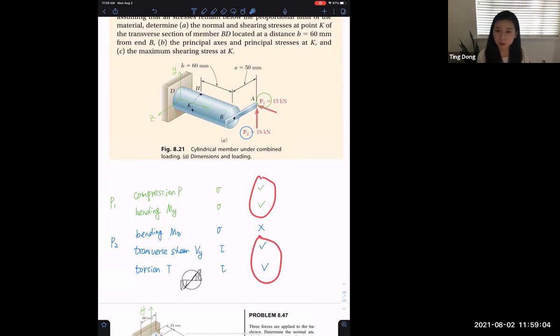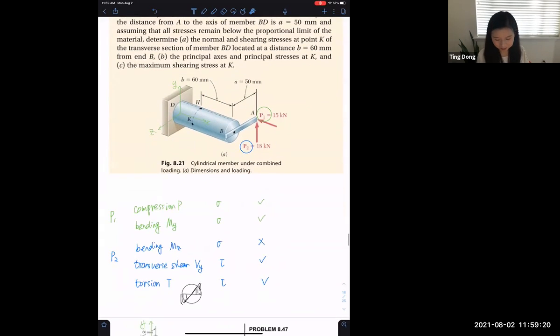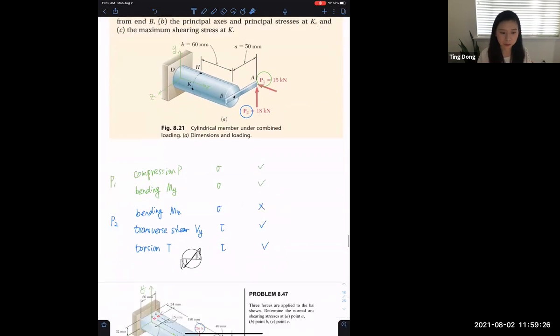We add them together. So with normal stress and shear stress, we can calculate the principal stress and maximum shear stress. This is when there is torsion involved for this type of problem.